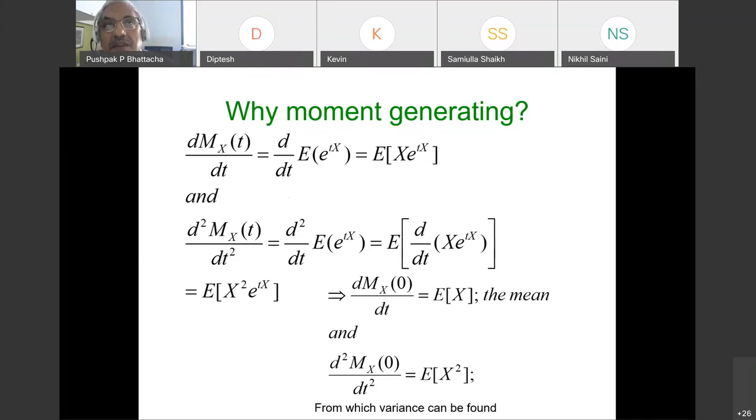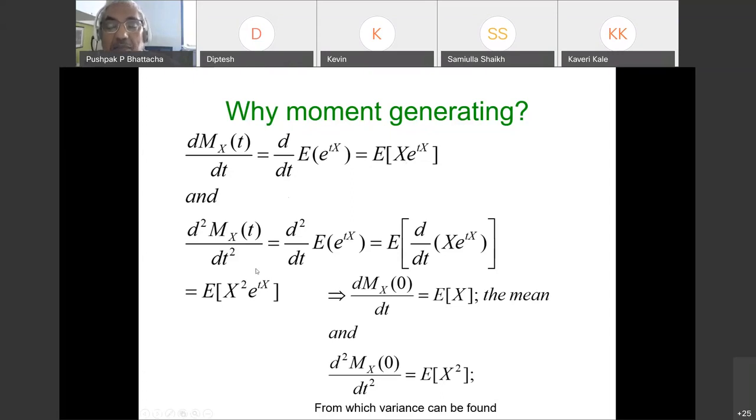Many times that integration or summation becomes cumbersome. On the other hand, if you take the moment generating function, take the derivative and set t equal to 0, you get the expectation straight away.